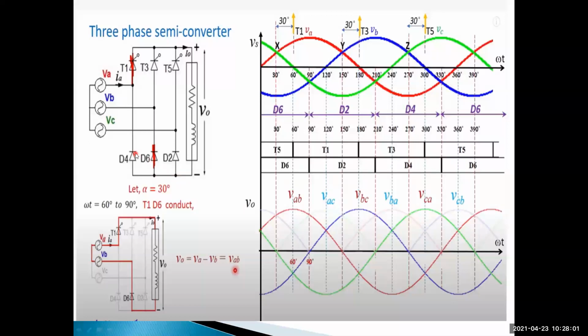The cathode of D4 is connected to phase A, the cathode of D6 is connected to phase B, and the cathode of D2 is connected to phase C. All the negatives are connected like this.